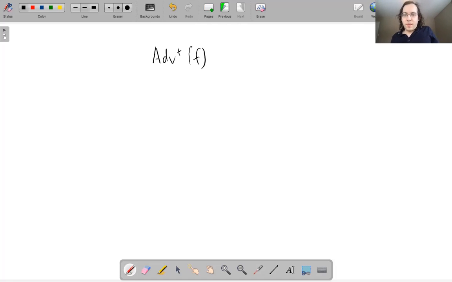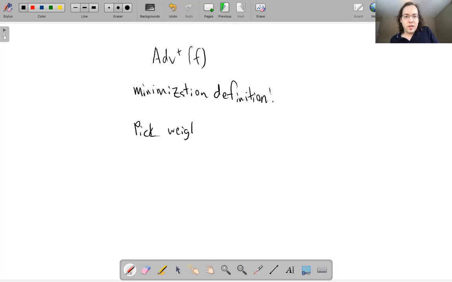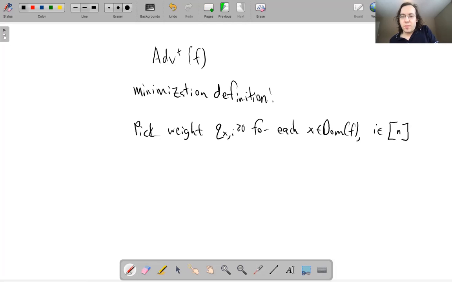So the formalization as a minimization program, this is the minimization definition, says: pick a weight q_{x,i} for each x in the domain of f and each i in the numbers 1 through n.